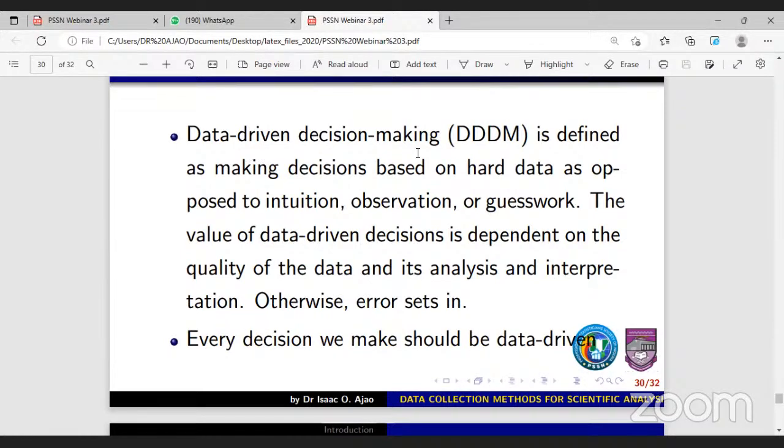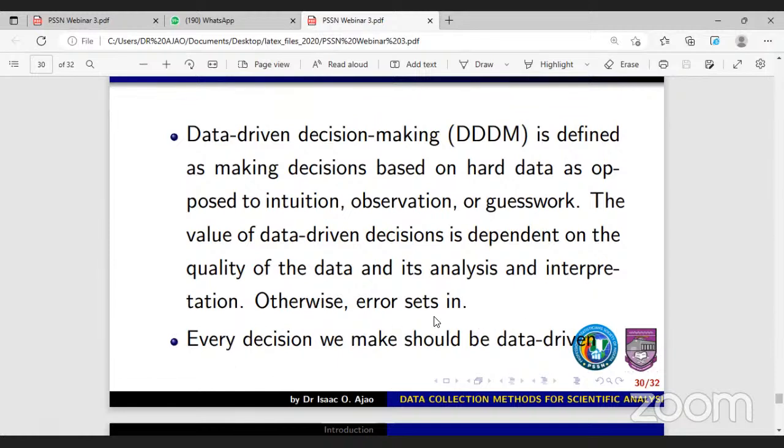So data-driven decision making, that's DDDM, is defined as making decisions based on hard data as opposed to intuition, observation, or guesswork. The value of a data-driven decision is dependent on the quality of the data and its analysis and interpretation.